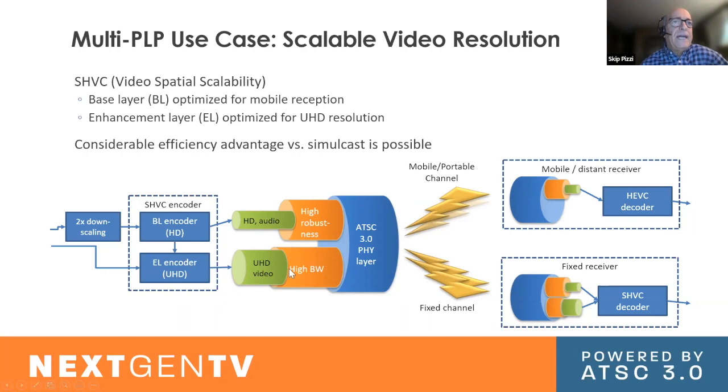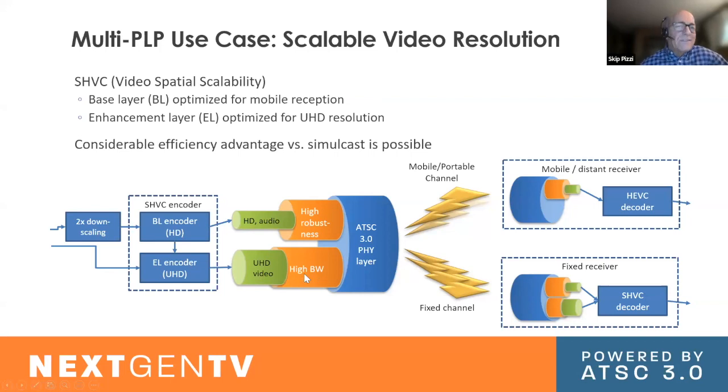So just the enhancement signal, much less bandwidth than a full 4K UHD video signal might require. So you don't actually transmit it twice. You transmit a base layer and an enhancement layer.